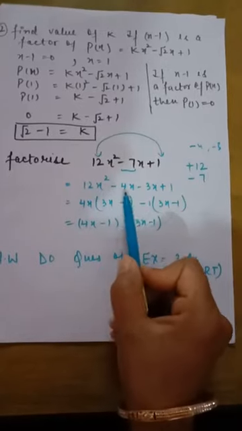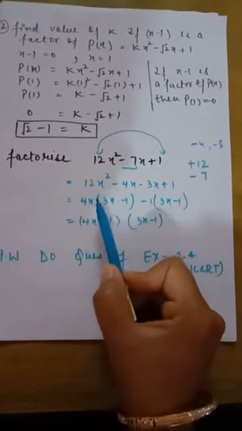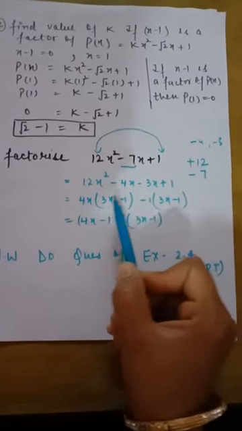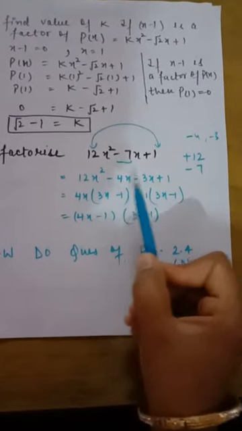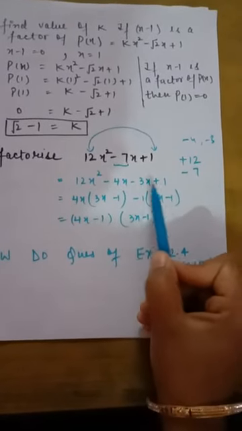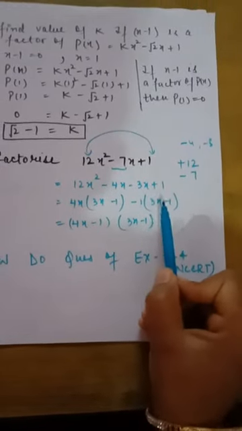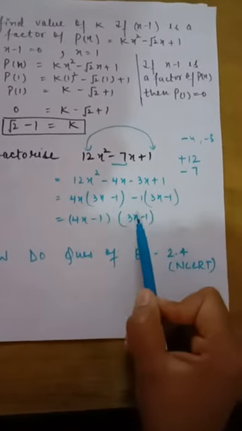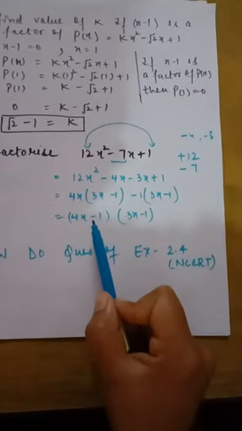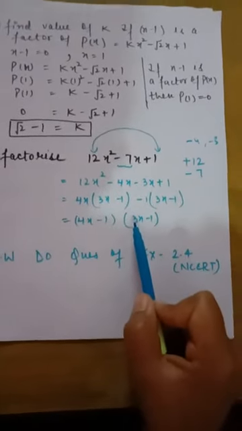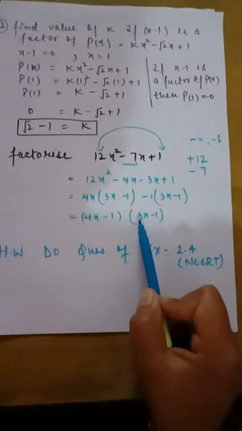So I took 4x common from these 2 terms, then the remaining part is 3x minus 1, and then I took minus 1 from here, then 3x minus 1. If I take 3x minus 1 as common, then 4x minus 1 is the remaining part. This is our middle term splitting.